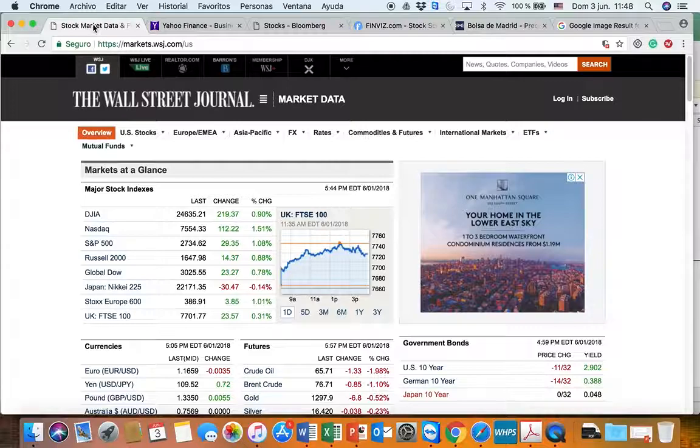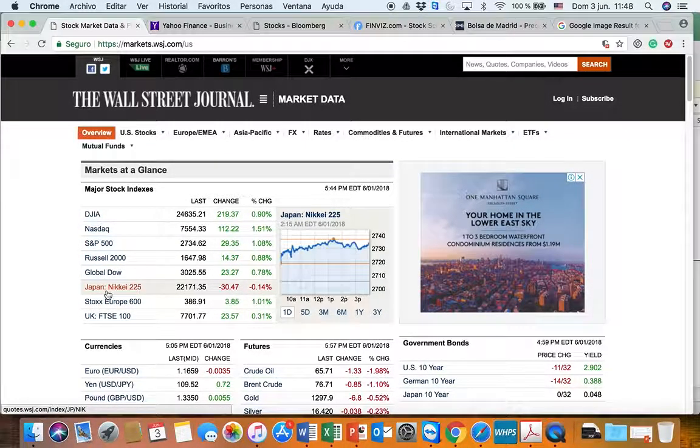Let's get started here. If I go to the Wall Street Journal, for example, you're going to see the major stock indexes, which are representative. As mentioned earlier, the Nikkei 225 is here, the S&P 500 is here as well, and so is the Nasdaq. We're going to use the Nasdaq just to play around with it.